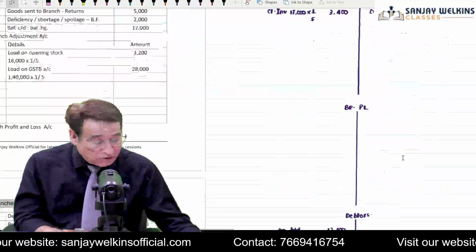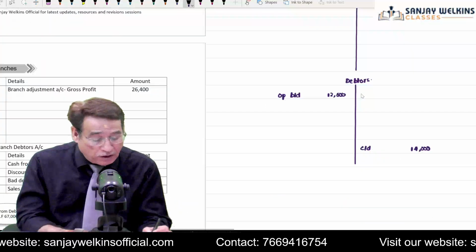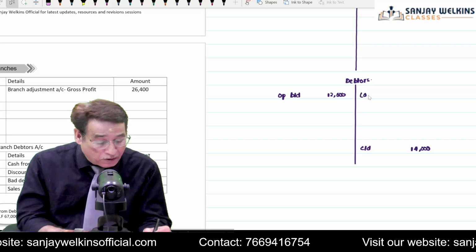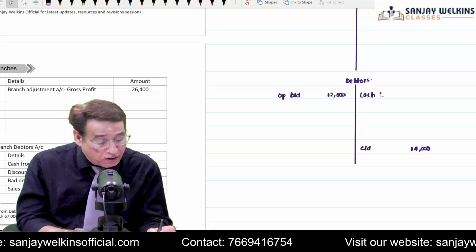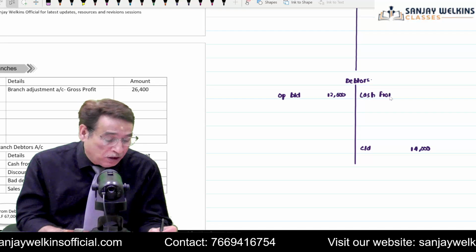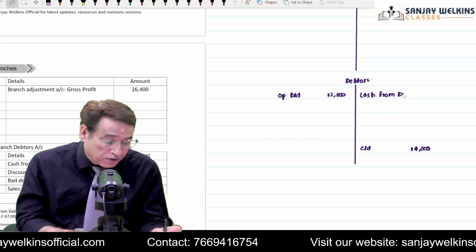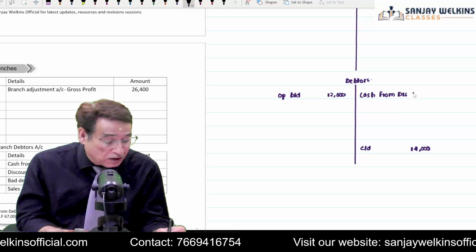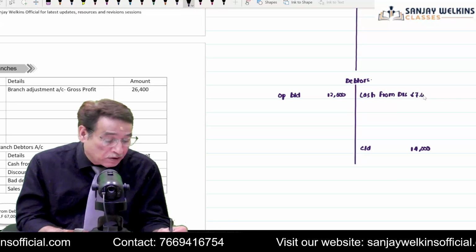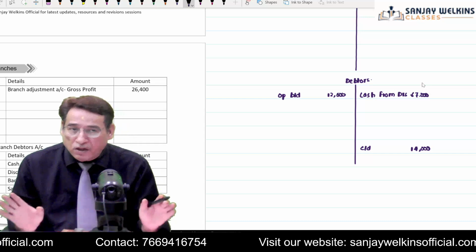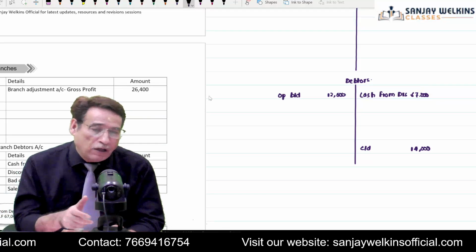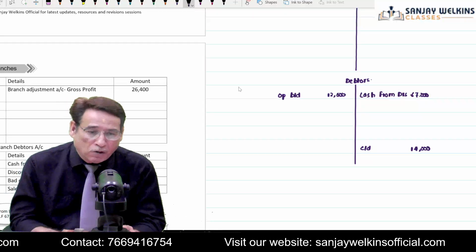So cash receipt from debtors you are going to write on the credit side of the debtors account. You can simply write cash; there is no need to write more because this is the debtors account itself. So 67,000 cash receipt from debtors you are going to write here. Is it clear? This way, your figure of 1,27,000 has been incorporated.